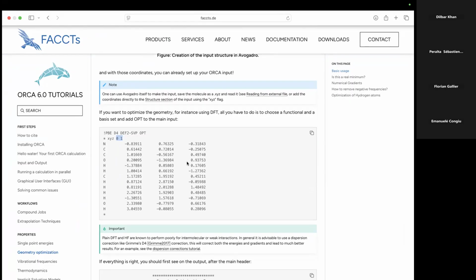Okay, what is DFTB? DFTB is tight-binding DFT. In DFTB, we assume electrons are tightly bound to the atoms. That approximation helps computations to speed up.